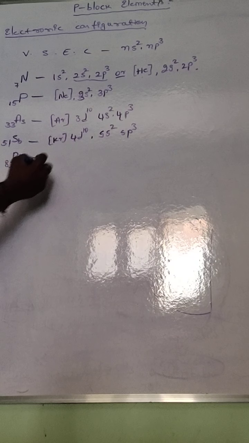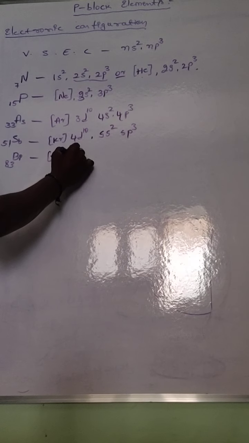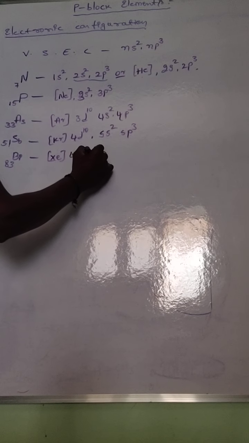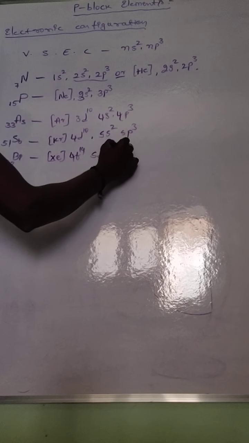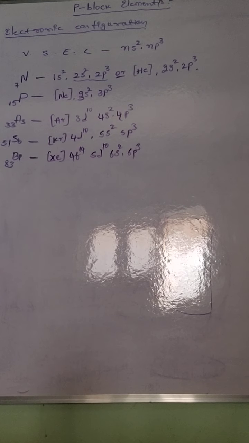And for bismuth: xenon, 4f14, 5d10, 6s2, 6p3. This is the electronic configuration of 15th group elements. This is how the electronic configuration of these elements can be represented.